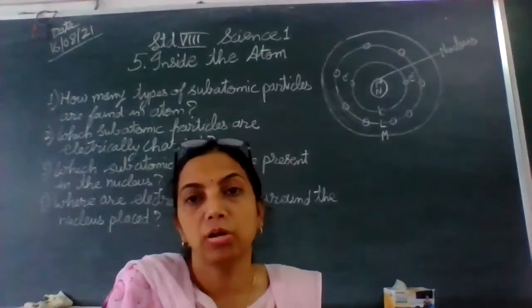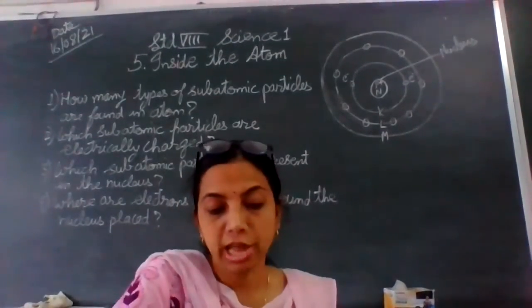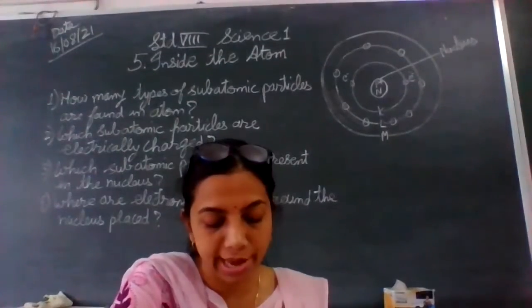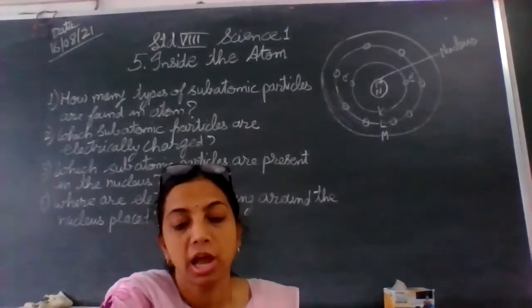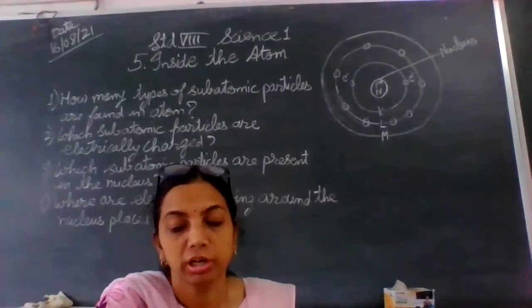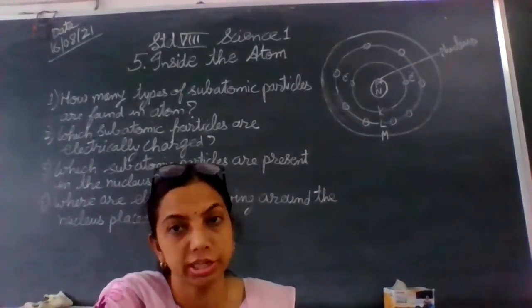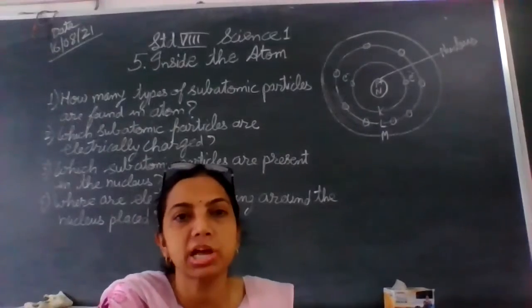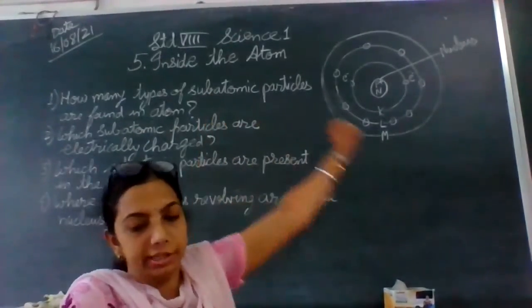After this, all the things have been explained by Niels Bohr through his postulates: that the atomic structure contains three types of subatomic particles inside the atom. They are called subatomic particles.